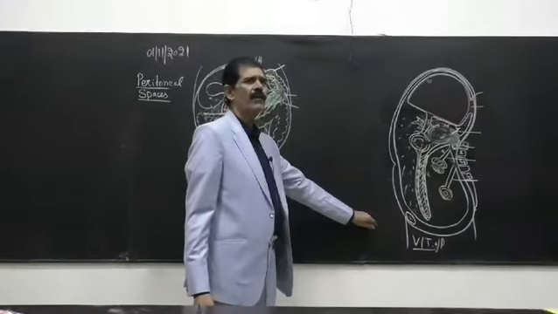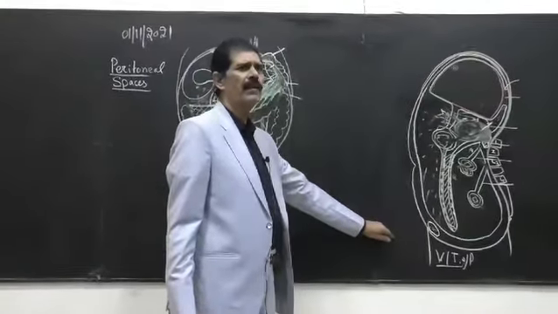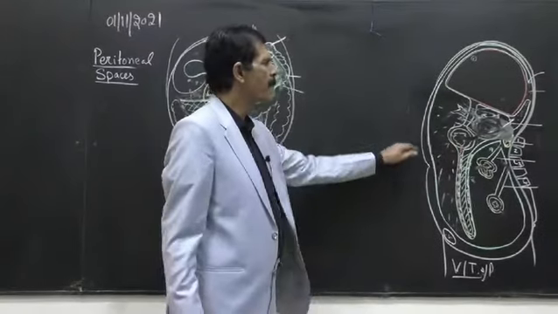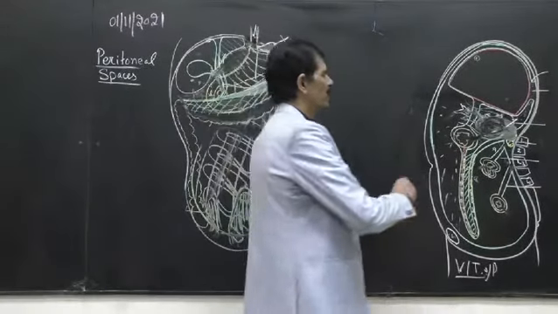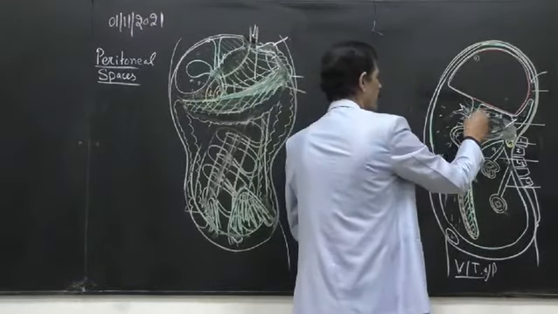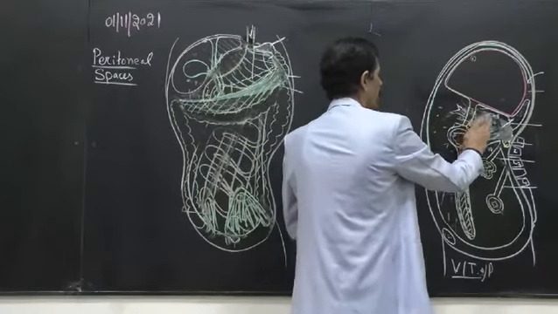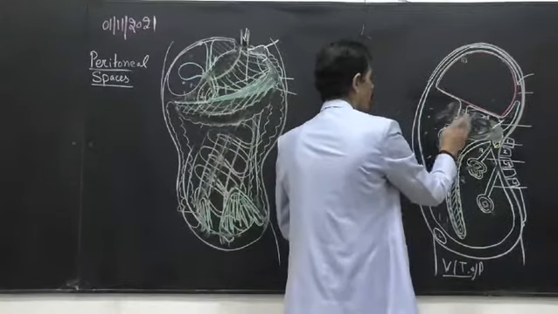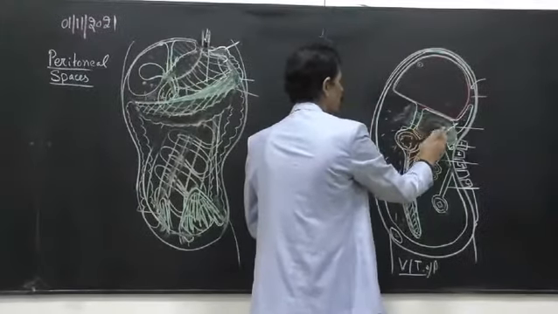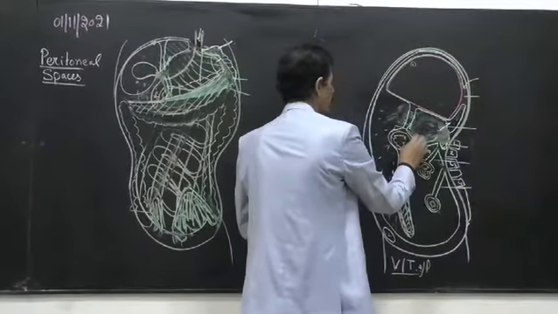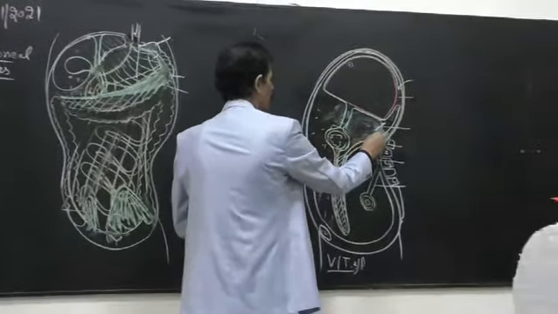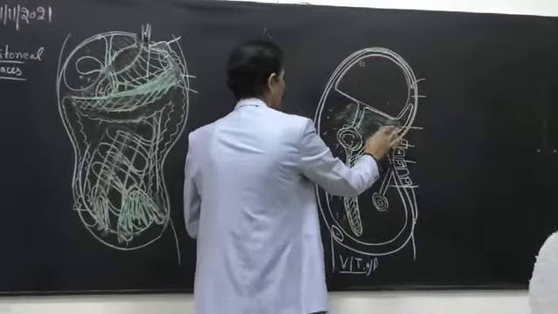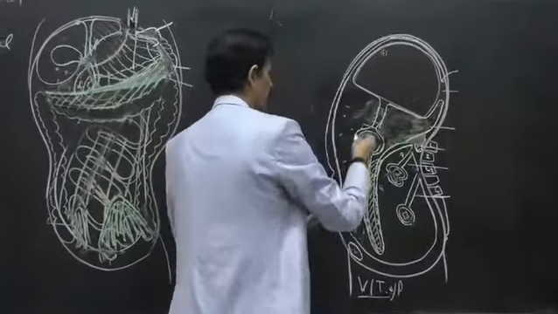So whenever a question comes, draw and label the vertical tracing of the peritoneum, you have to make this diagram as such. The liver with the lesser omentum and the arrow in the foramen of Winslow, through which we can go into the lesser sac.